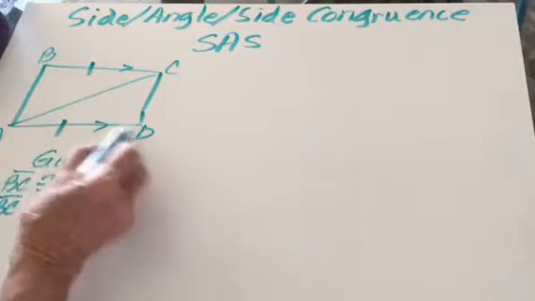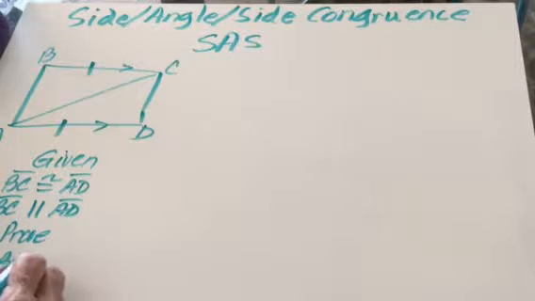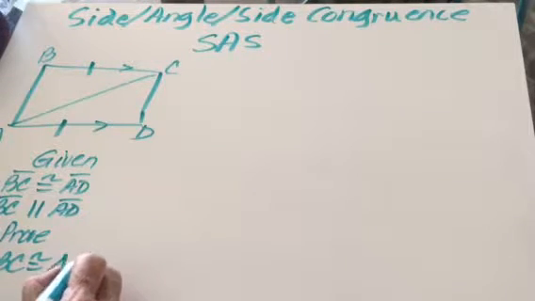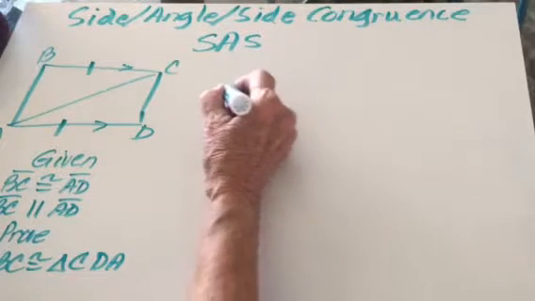Those two things. These lines are parallel and they're congruent. They want you to prove that triangle ABC is congruent to triangle CDA.